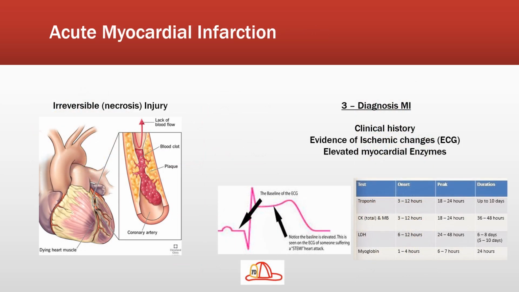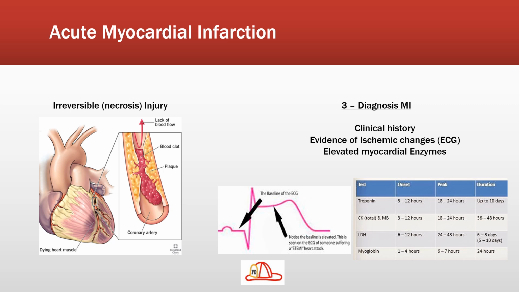An acute myocardial infarction, AMI, is irreversible heart damage. That thrombosis stopped the flow of blood distal, and there is dead heart tissue occurring. You'll see that ST elevation and that fireman's hat on ECG.